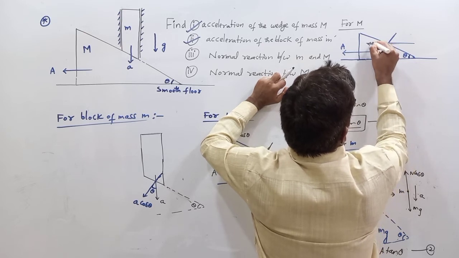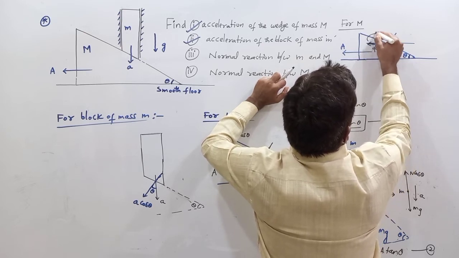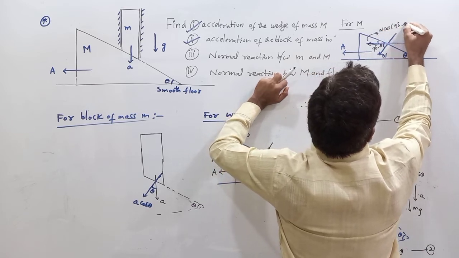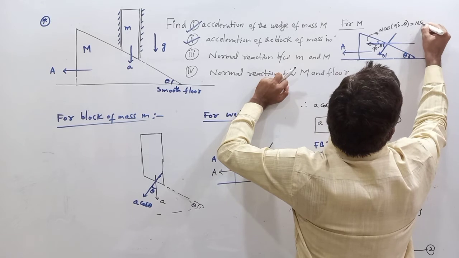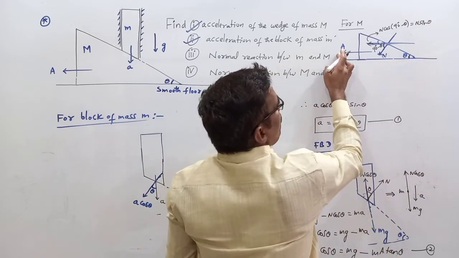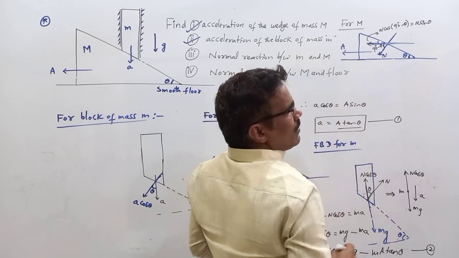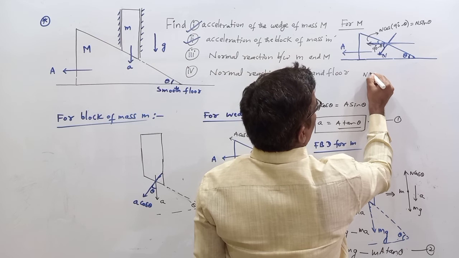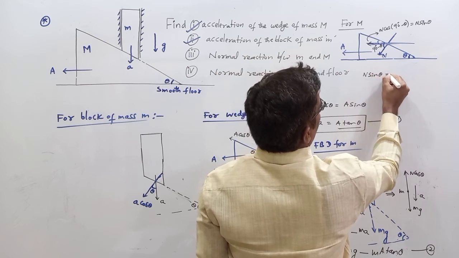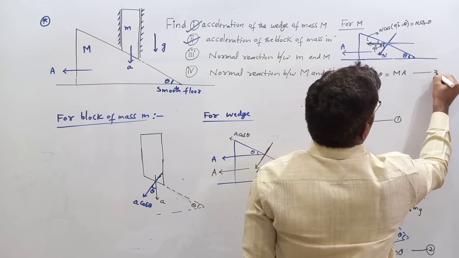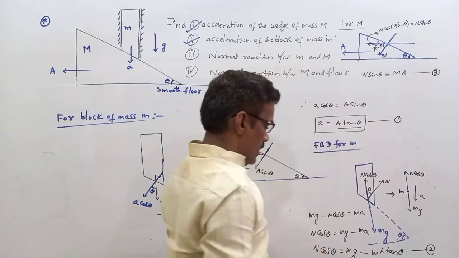It can be resolved along the horizontal: that is N cos of (90 minus theta), which is N sin theta. N sin theta acts as the net force on the wedge along the horizontal. So N sin theta is equal to capital M A. This is equation 3, sir.